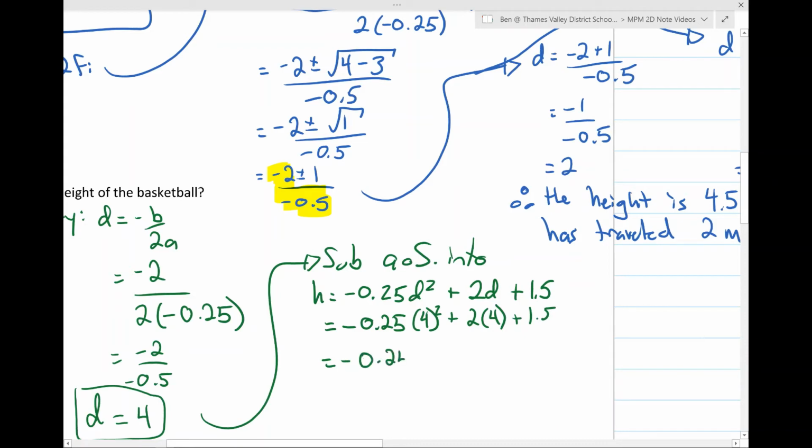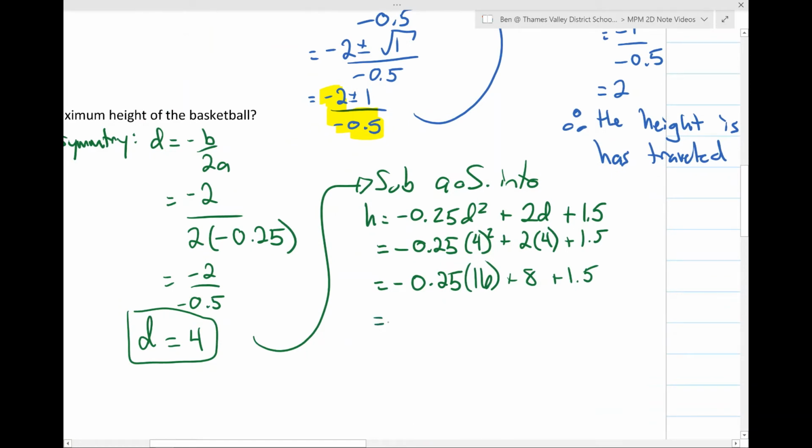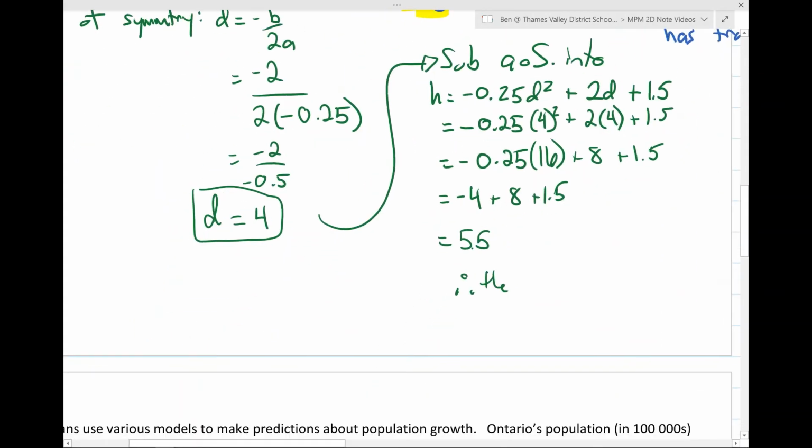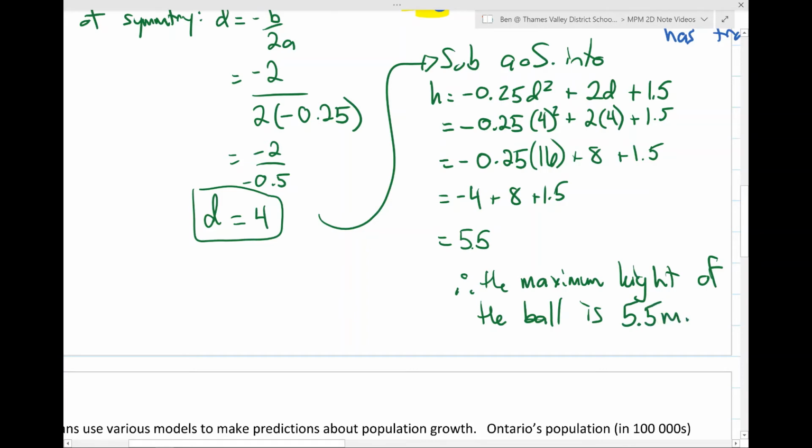That's negative 0.25 times 16 plus 2 times 4, that equals 8 plus 1.5. If you can do this part in your head, that's great. That is negative 4 plus 8 plus 1.5, leaving us here with 5.5. So therefore, the maximum height of the ball is 5.5, and again, we need our units in here, 5.5 meters.